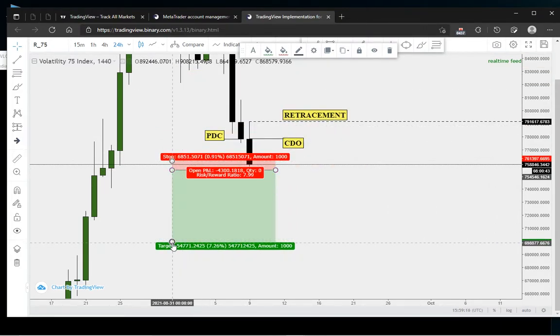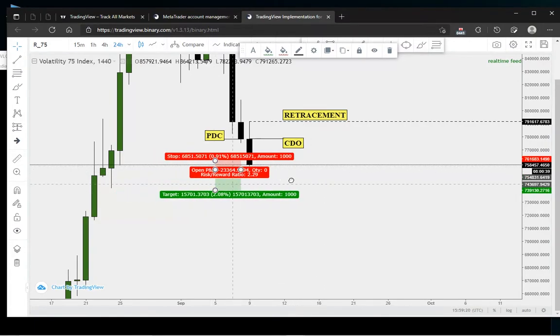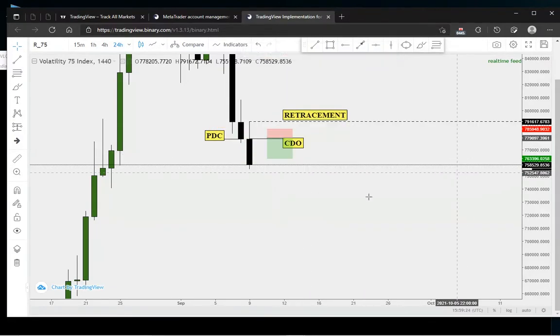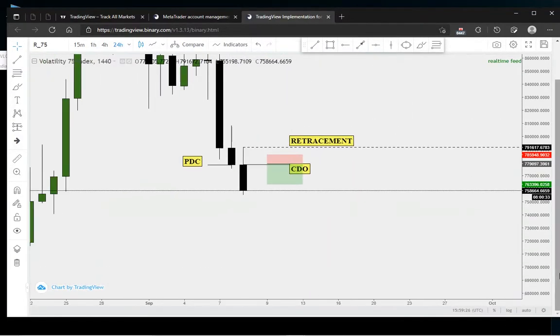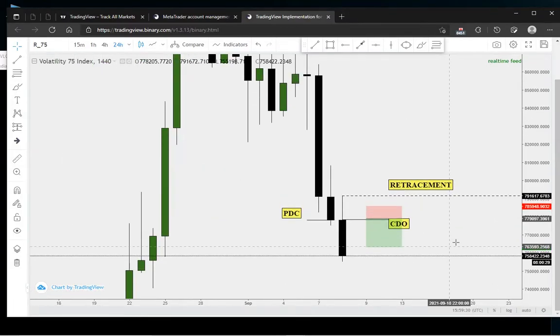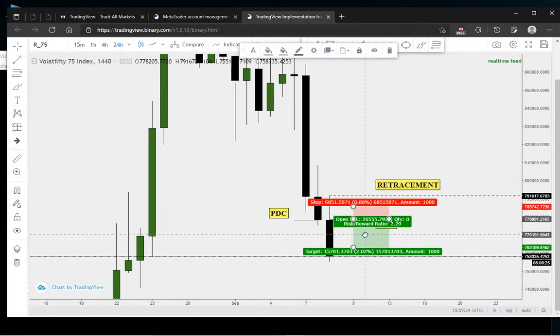So, our daily candle is going to start from the open of the current day. We don't know how long it's going to retrace, but all our candles are going to open around this zone.